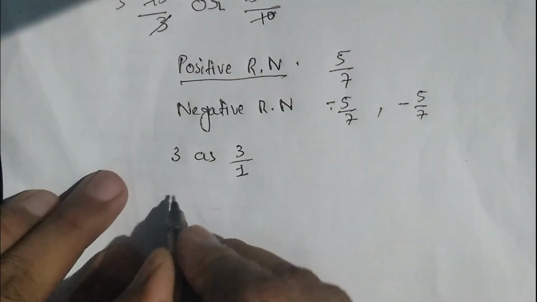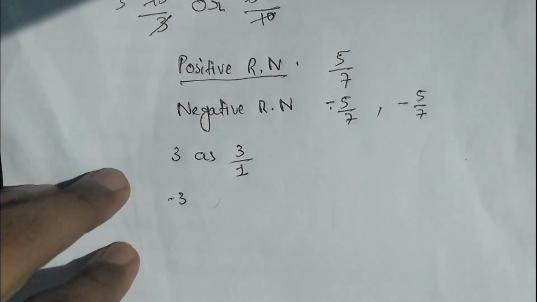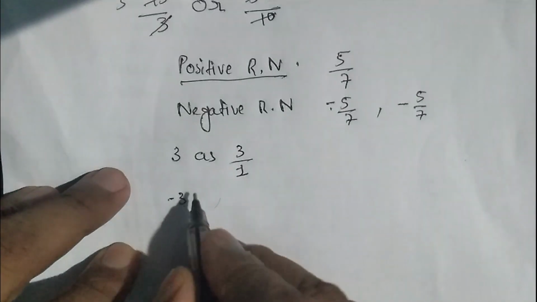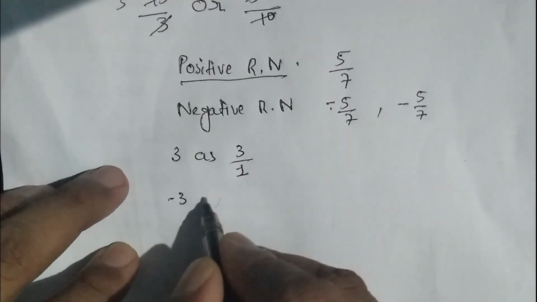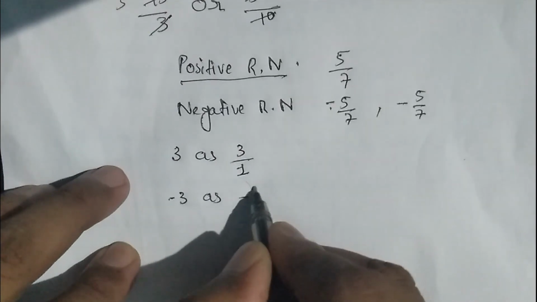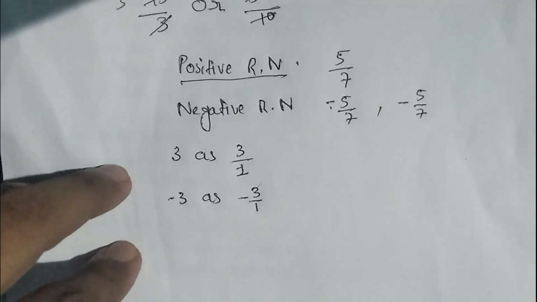If there is minus 3, this can also be converted into a rational number as minus 3 upon 1.